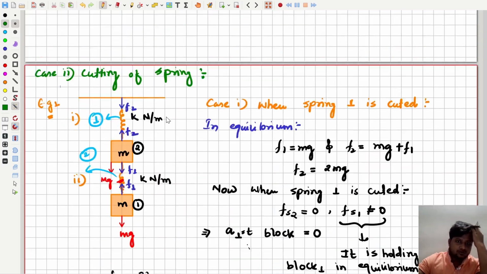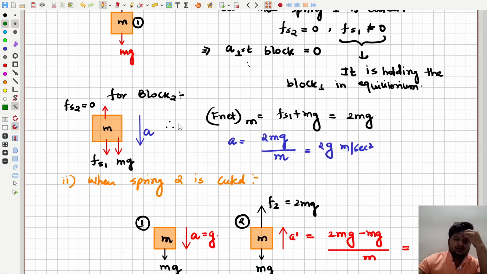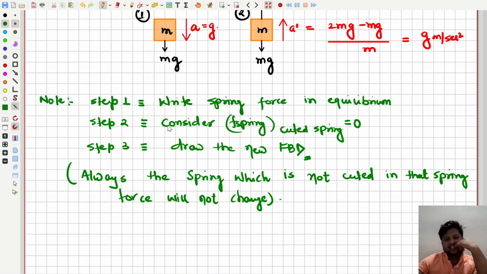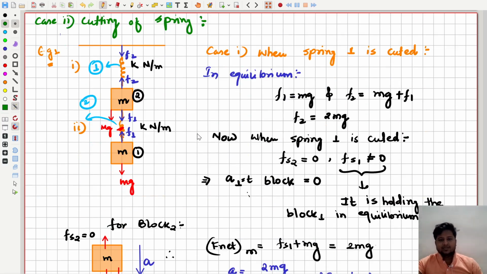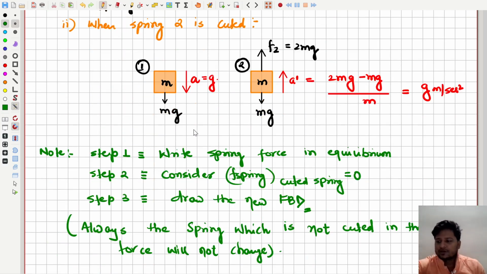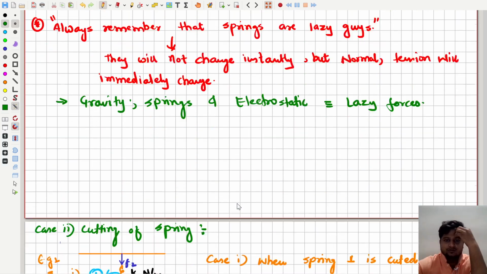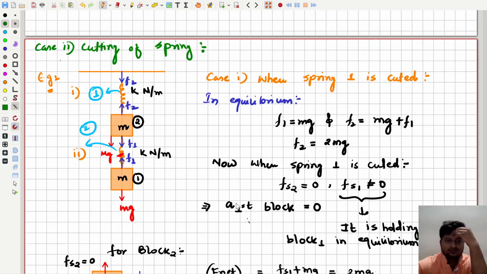Today, once again, we'll go through that spring, and one last topic I'll be dealing with is pseudo forces and equilibrium, and then we'll go back to friction directly. Is that clear or not clear? As we are following the planar fully, we'll stick to that planar, and whenever something will be required, we'll go through that. Is that clear or not clear? Okay. Everyone, is this clear?